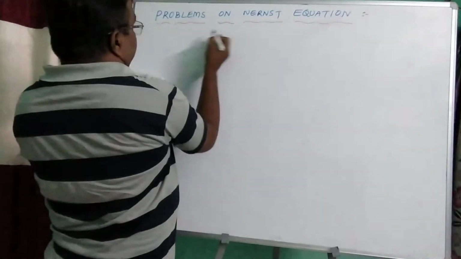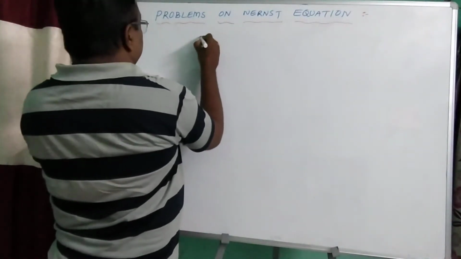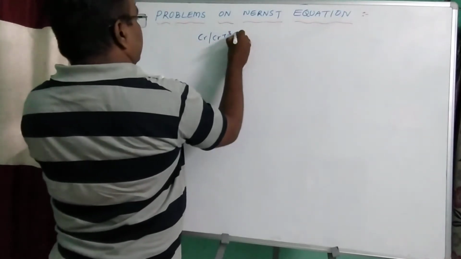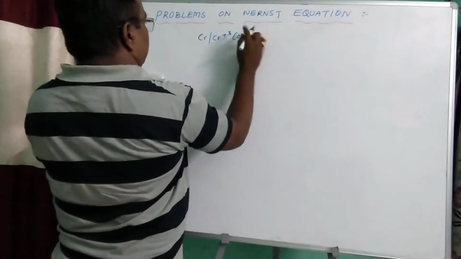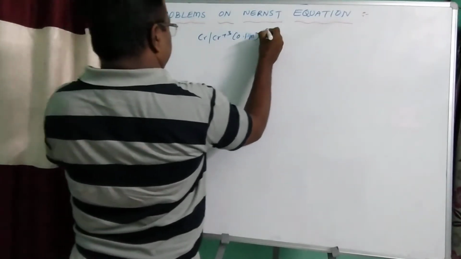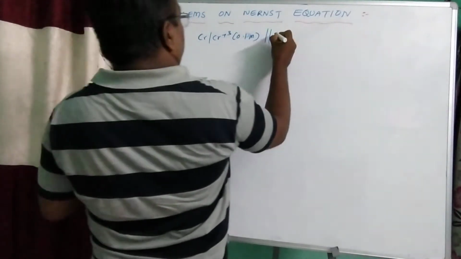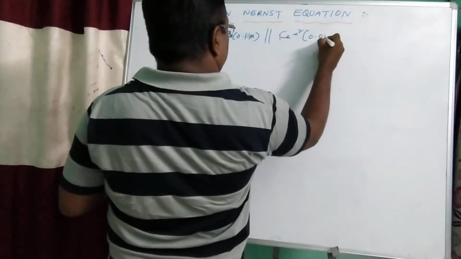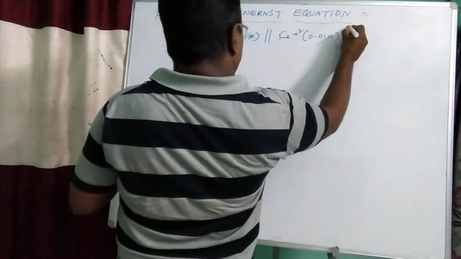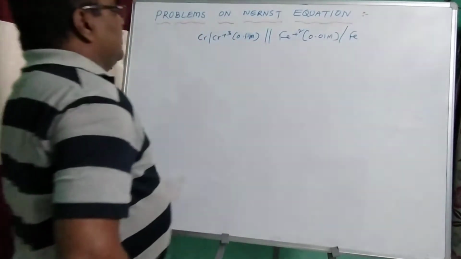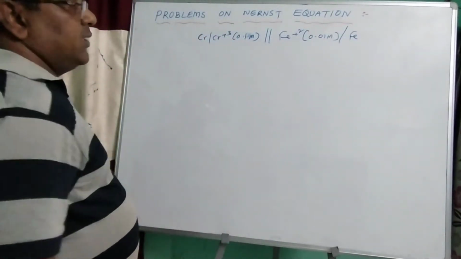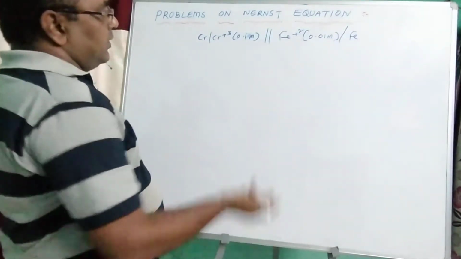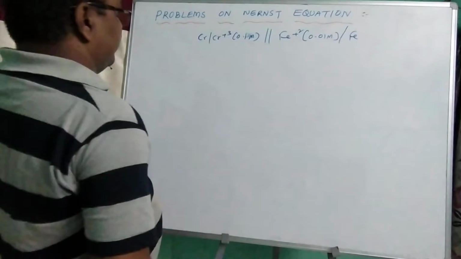We know that the given cell is Cr | Cr plus 3, 0.1 molar concentration, salt bridge, Fe plus 2, its molar concentration 0.01 molar | Fe. For this galvanic cell we have to write the cell reaction. We know the cell reaction is the addition of the oxidation reaction and the reduction reaction.